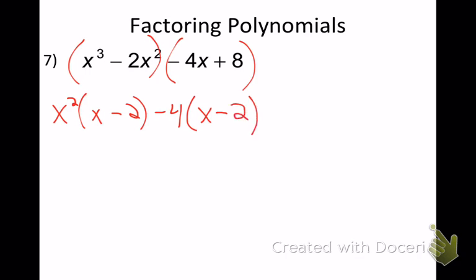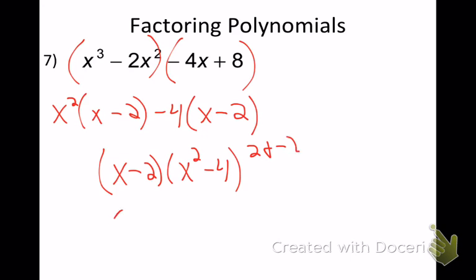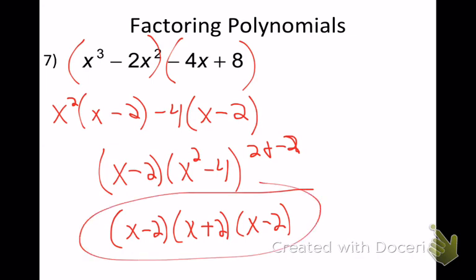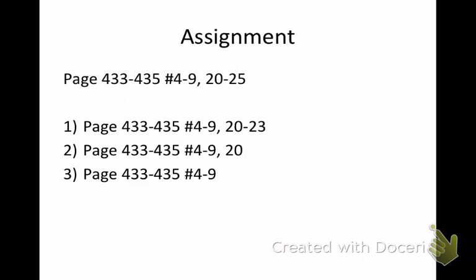It's x minus 2, x squared minus 4, and then it's x minus 2. Nice job. That is a correct answer right there. Good work, Beast. And here's your assignment.